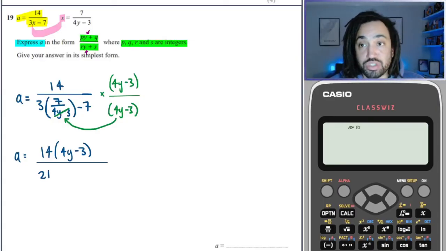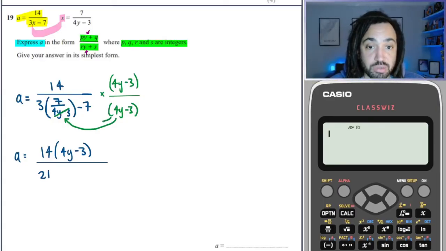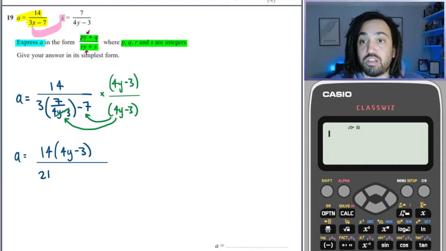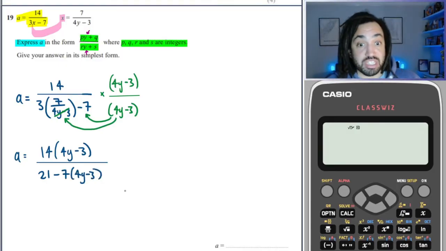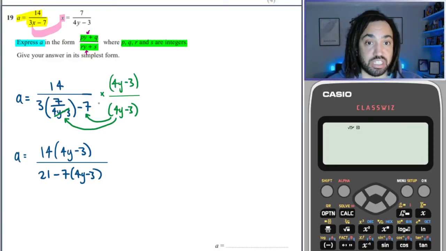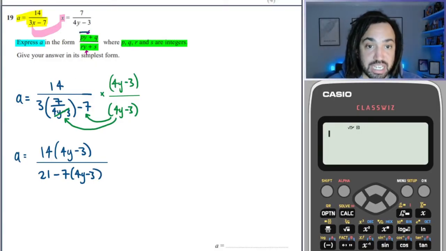But we have to remember that there's 2 terms on the denominator, so we have to times this as well by the 4y minus 3. So this becomes minus 7 lots of 4y minus 3. And we've achieved what we set out to do. There's no longer a fraction in a fraction, it's just a single fraction.